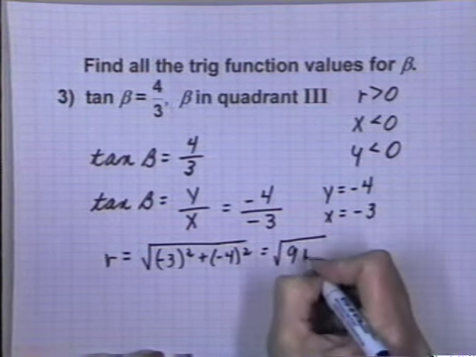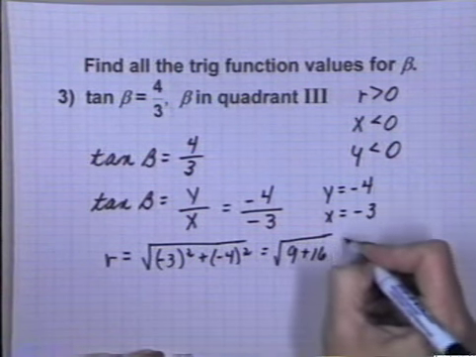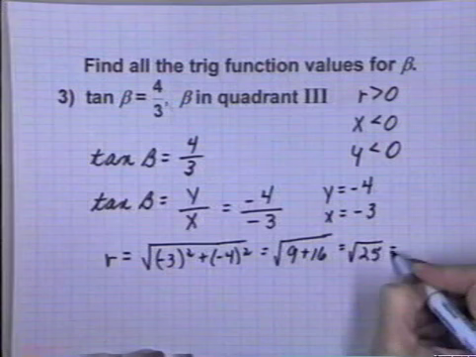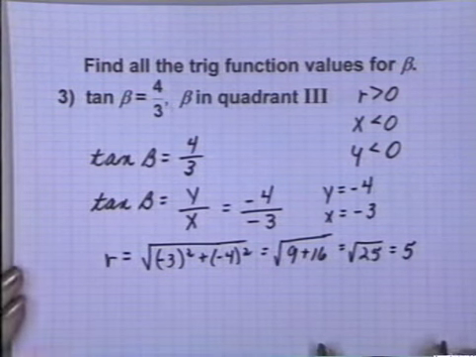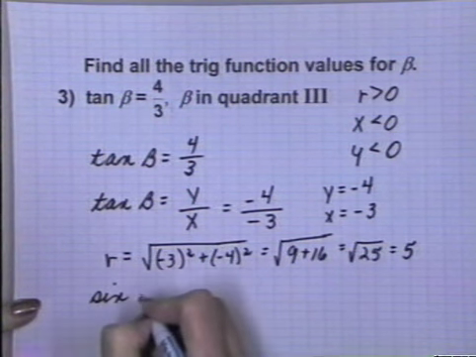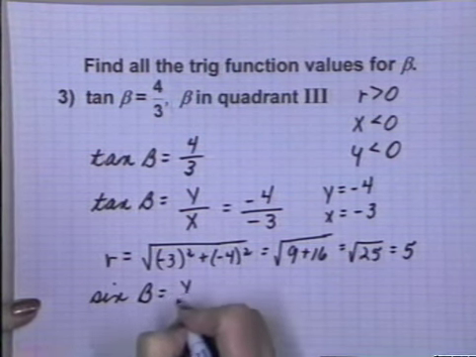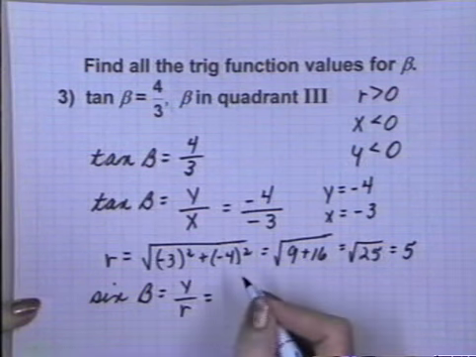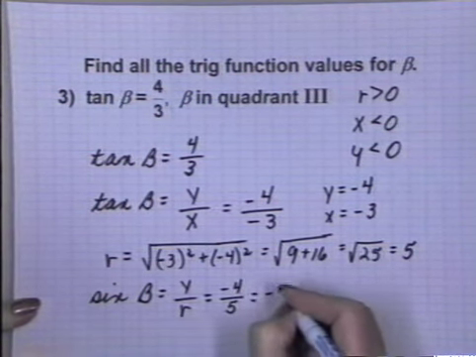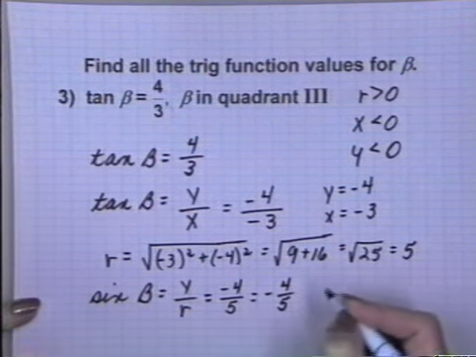So we'll have 9 plus 16, which gives us the square root of 25, which is 5. So here's what I would do with this. The sine of beta is y divided by r. So that would be -4 divided by 5, which is -4/5.